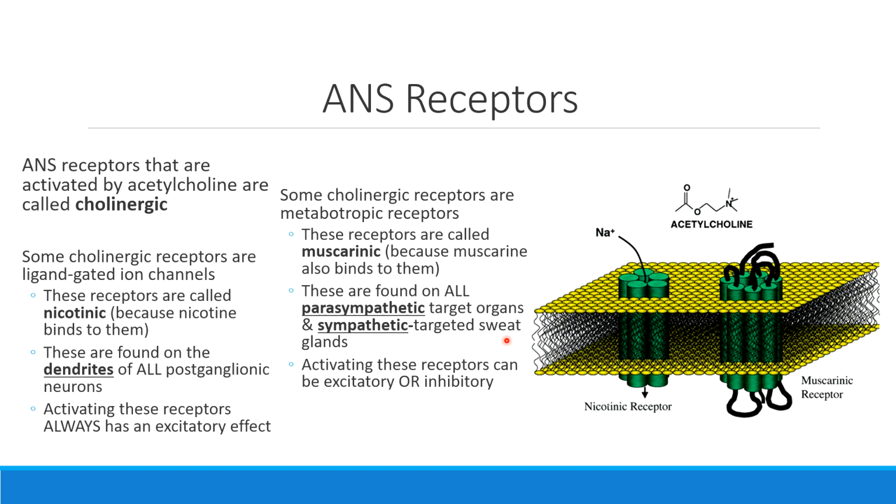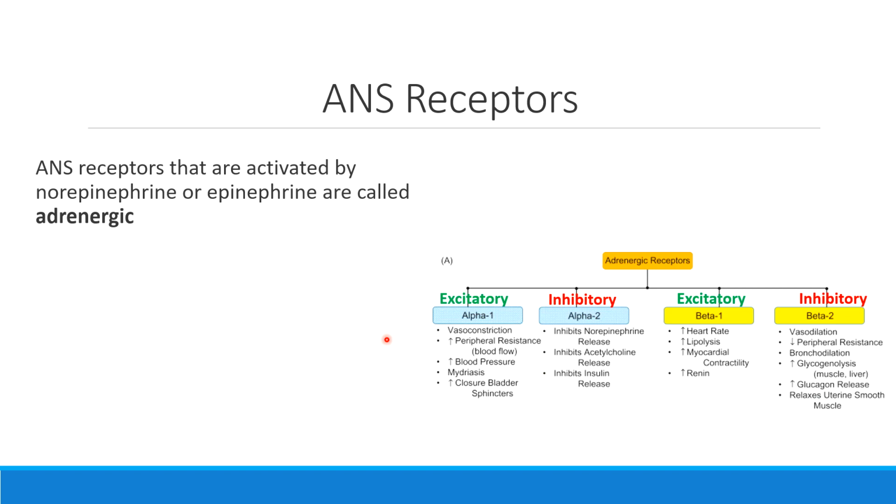That would be an underline highlight star idea. Sweat glands that are getting messages from the fight or flight system to turn on, they get that message in the form of acetylcholine. Most of the time, when the sympathetic nervous system is talking to a target organ, they're going to be using epinephrine or norepinephrine, which brings us to our other type of receptors.